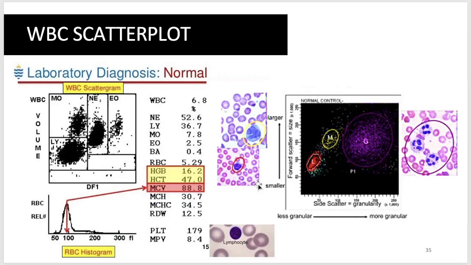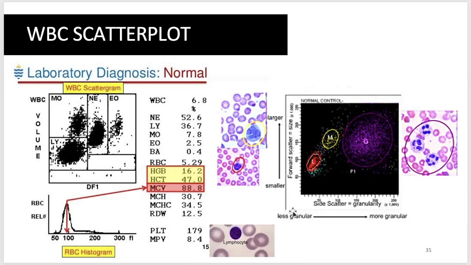So, paano ba natin na-interpret tong scatter plot na ito? So, these are the different scatter plots. Just take a look at this diagram, your scatter plot. Meron tayong x-axis that refers to the side scatter. Yung side scatter will detect the granularity of the cell. Sa ating y-axis, meron tayong forward scatter that will reflect the size of the cell.